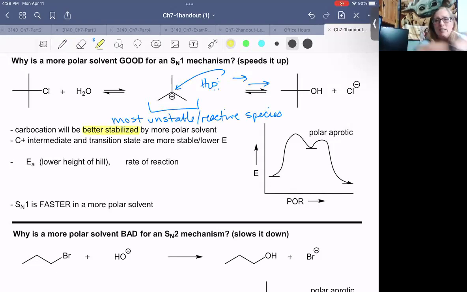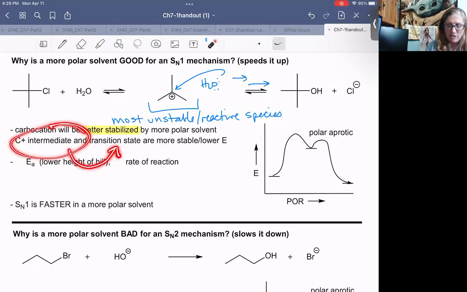Remember why? Because like the styrofoam hugging the cat, the solvent is going to be hugging that carbocation, and solvation is something that brings down the energy. And so if the intermediate is more stable, lower energy, that means the transition state is also more stable, lower energy.